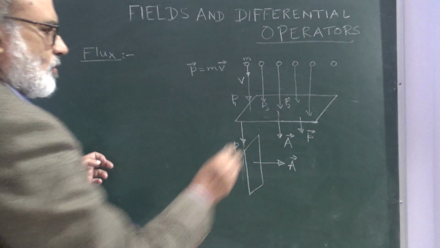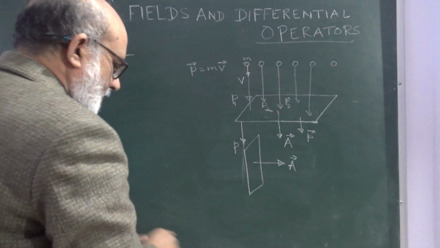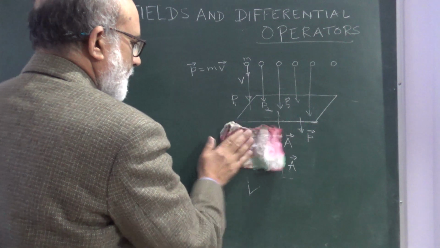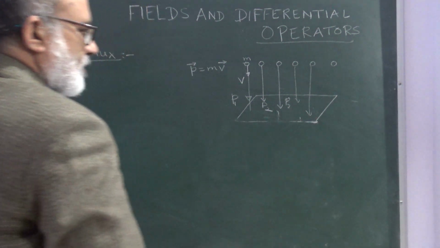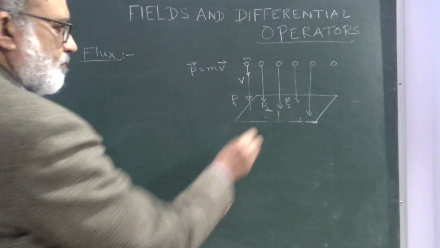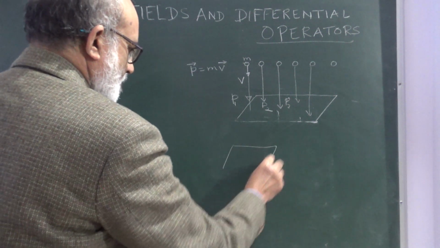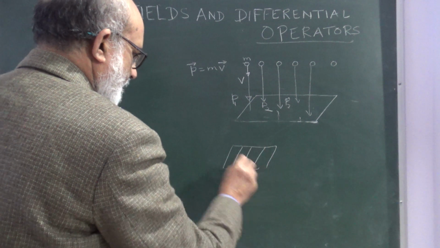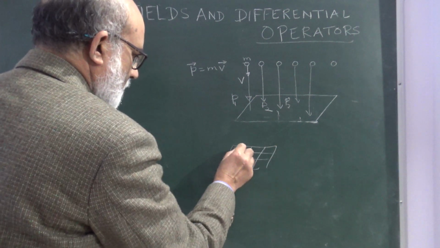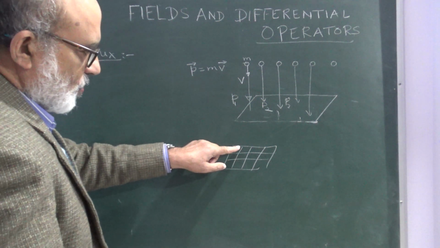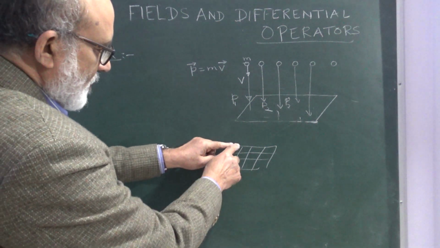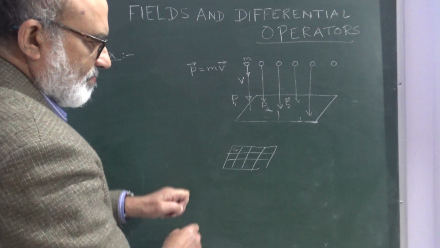We divide the whole plate area into very small surface areas, assuming each area is so small that the momentum in this region remains constant.